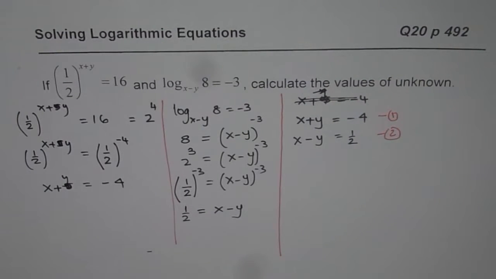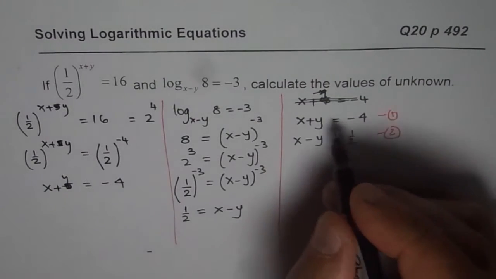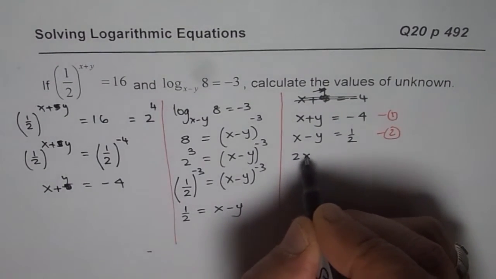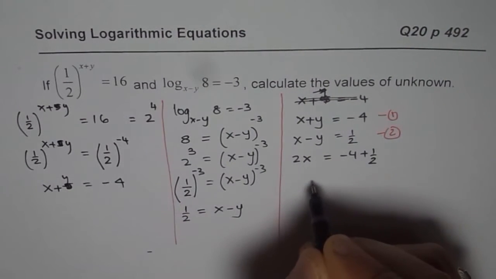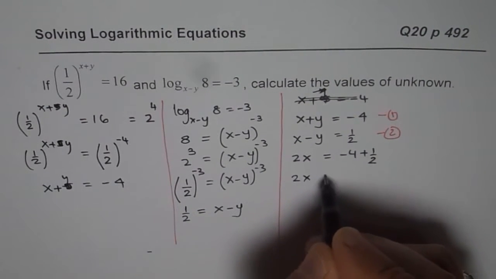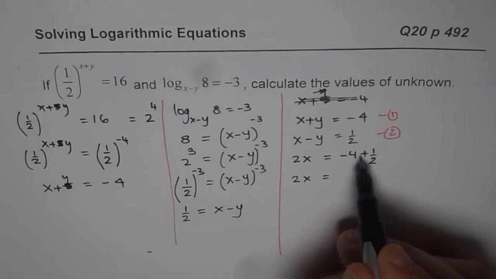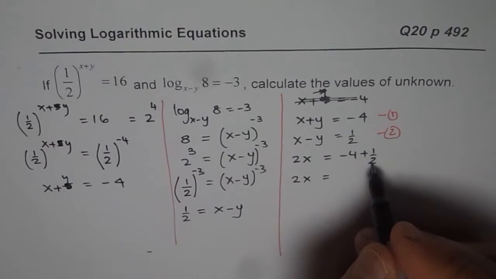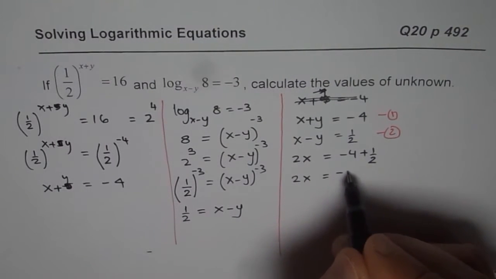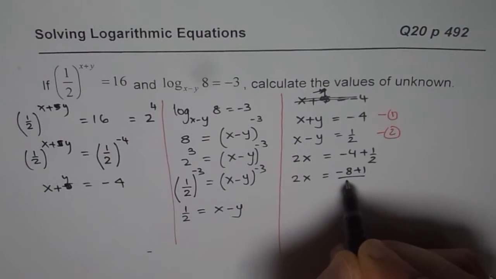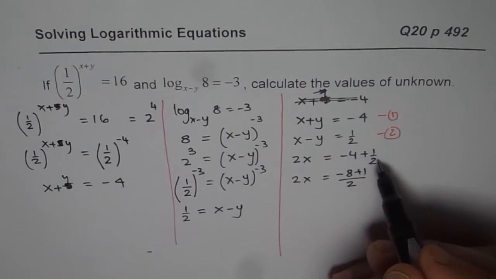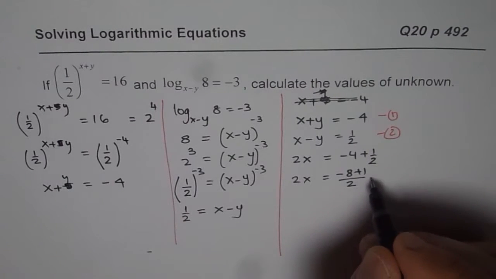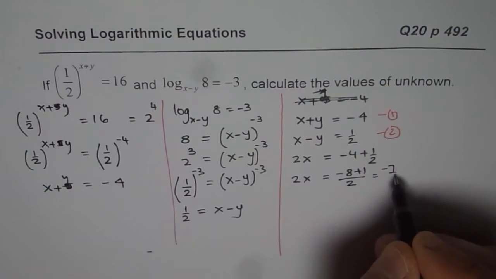If I add these two, what do I get? I get 2x equals minus 4 plus half, right? So 2x equals minus 8 plus 1, divided by 2. That is minus 4 plus half, which is minus 7 over 2.